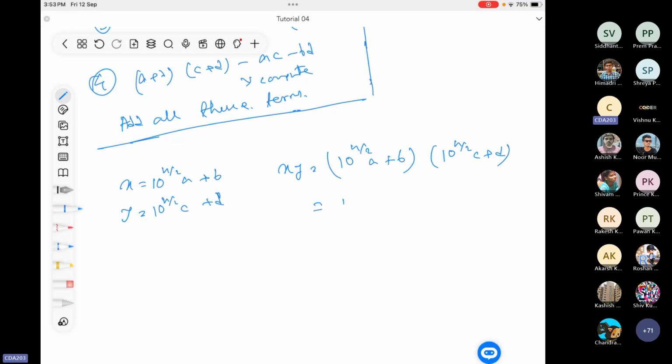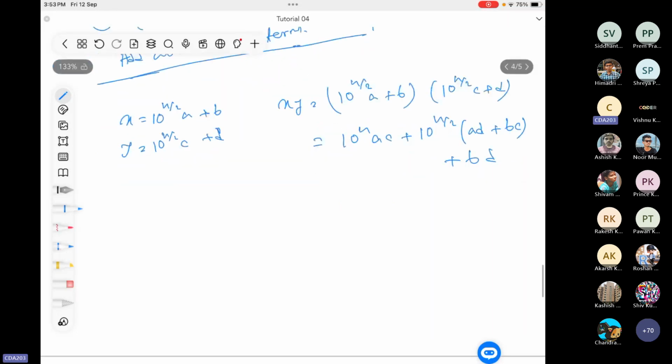This means 10 to the power n AC plus 10 to the power n by 2 (AD plus BC) plus BD.